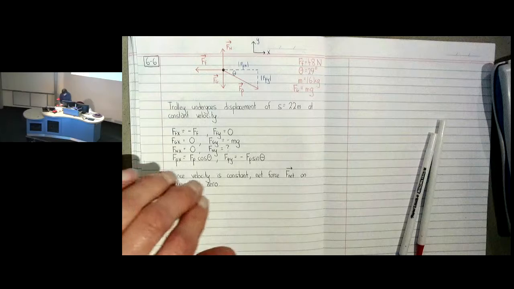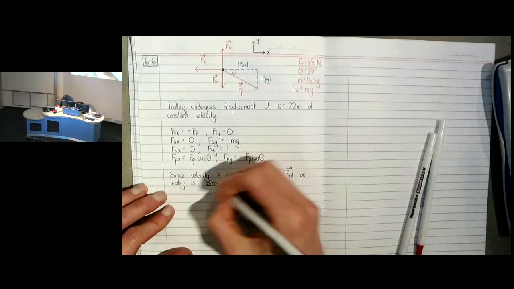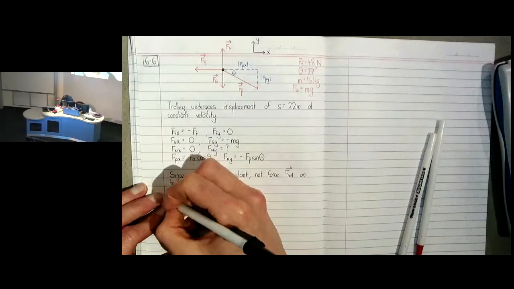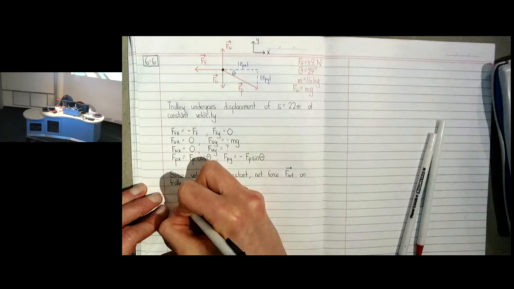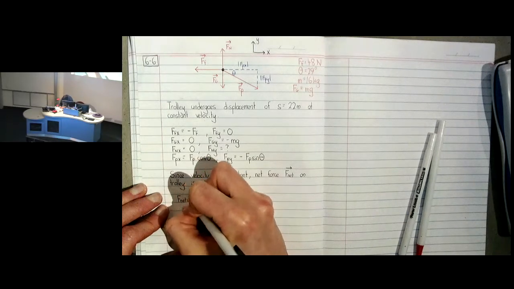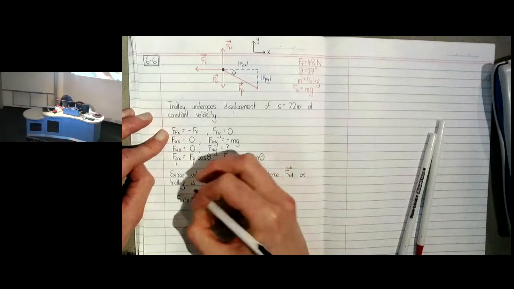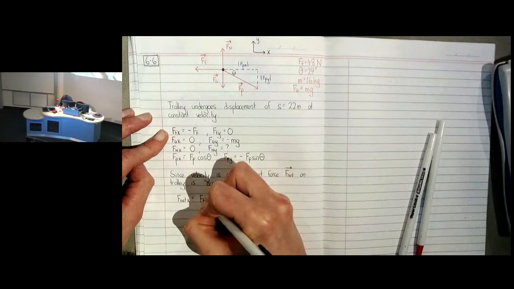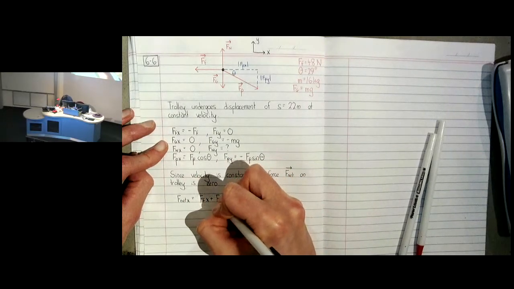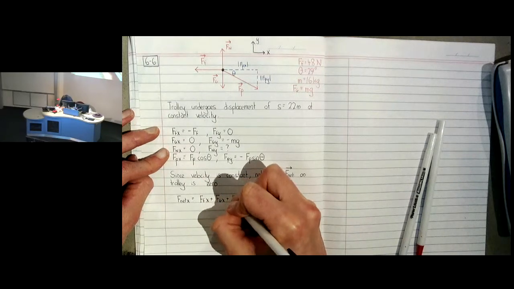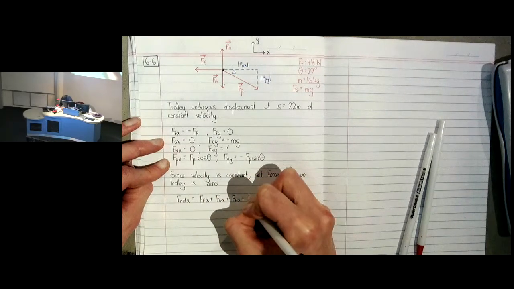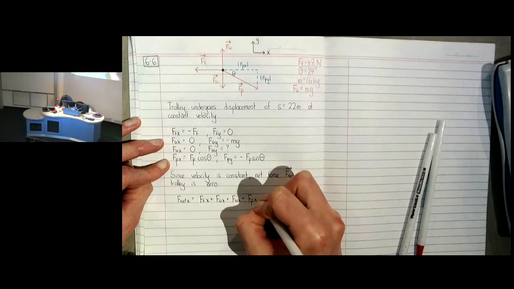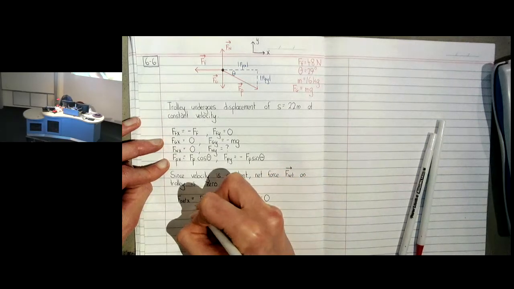So that allows us to say that its x and y components are also 0. So let's figure out what the x component of the net force is. So this is equal to the x component of the friction force plus the x component of the gravity force plus the x component of the normal force plus the x component of the pushing force. And they've all got to add up to 0.